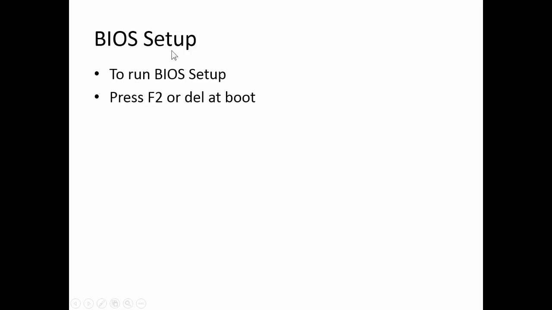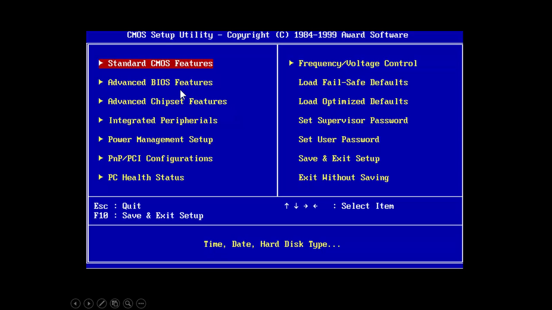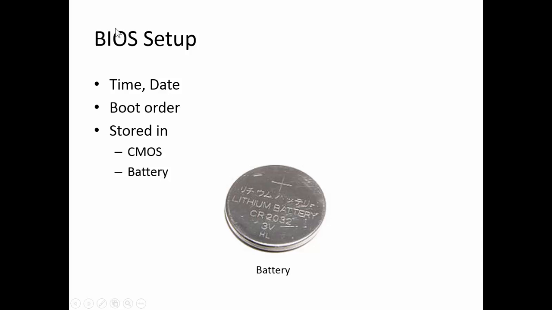If we want to run BIOS setup, we turn the computer on, and then press F2, or press Delete, or sometimes F10 while the computer is booting up, and this takes us to the BIOS setup screen. In the BIOS setup, we can configure the time and the date and the boot order.